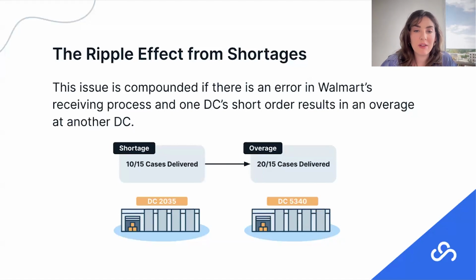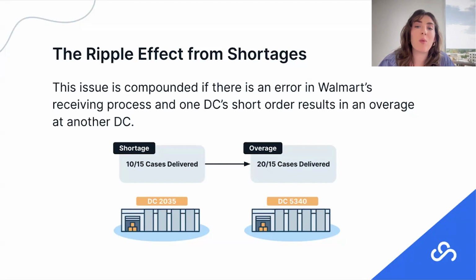So again, just to illustrate this ripple effect, you would have one DC that would receive over, and you're getting an overage for that, and then you're seeing that shortage on the other side at a different DC. And while this is a headache to sort out when it comes to disputing your deductions, this is causing real supply chain issues.